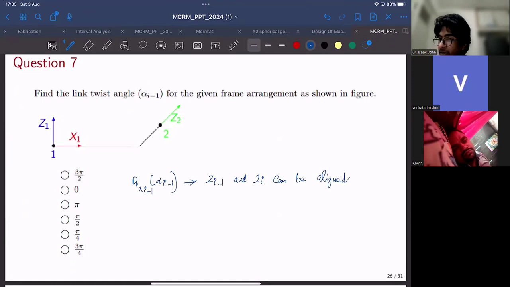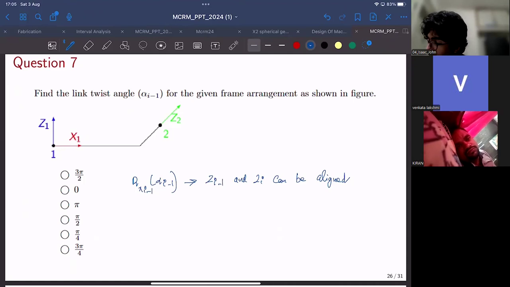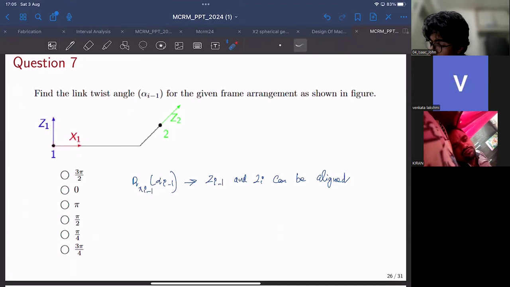If you recall the DH representation, the successive transformations are first the twist, then the link length, then the joint angle, then the joint distance. So here, Z1 is like this, X1 is like this, Z2 is like this. Twist is basically you want to rotate about X1, so that Z1 and Z2 can be aligned.